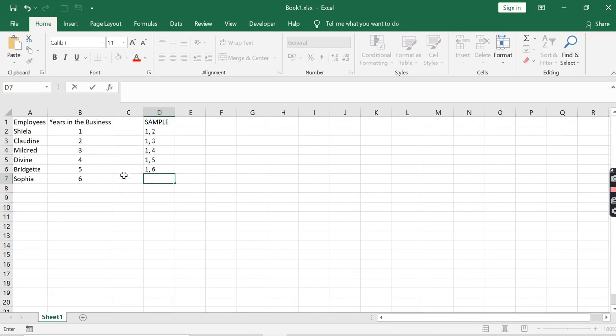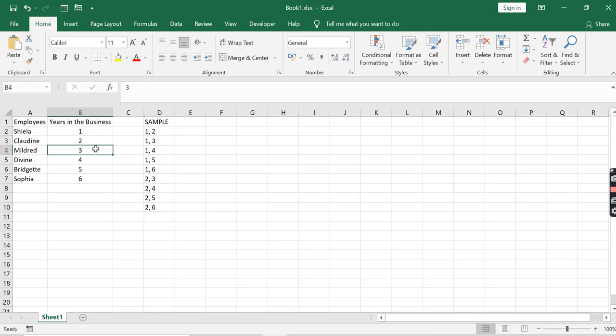So let's pair 2 and 3. Next, 2 and 4. Next, 2 and 5. 2 and 6. Right? Next. Okay, so we will not pair 3 with 1 because we already have here 1, 3, as well as 3 with 2 because we already have here 2, 3.